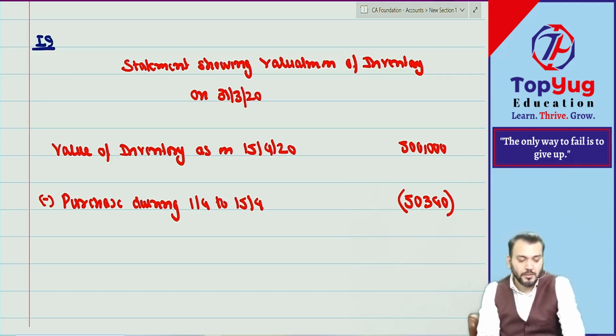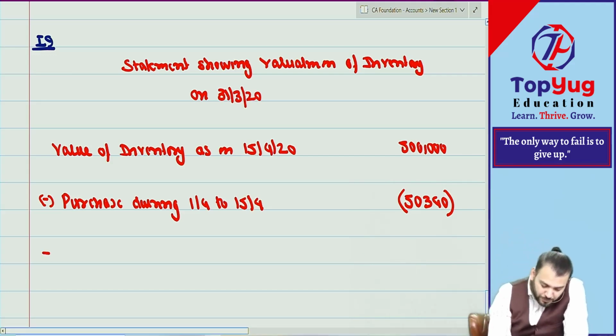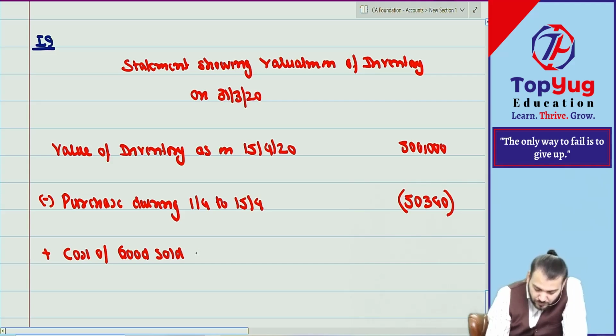Correct. Then plus cost of goods sold during 1st April to 15 April.